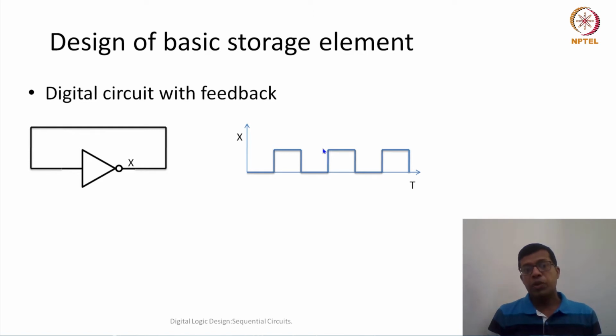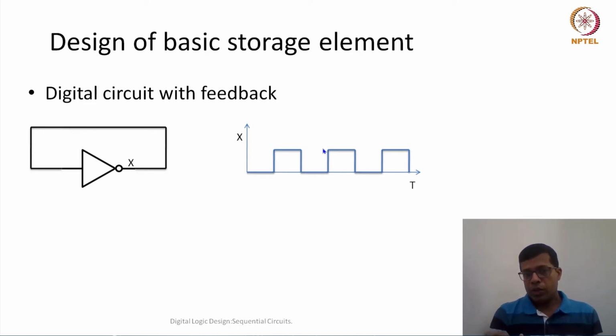Okay, so does it mean that I can use this circuit to design an oscillator, something with a regular output signal like this? Yes, of course we can, but the question is what is the time period of this kind of oscillating signal?